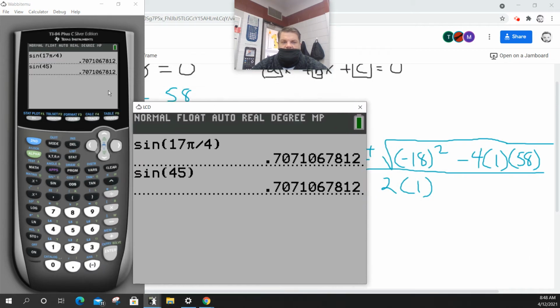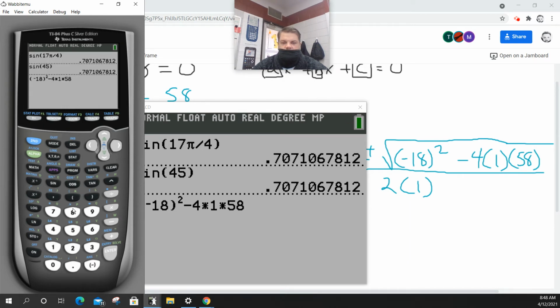I'm going to say, in parentheses, negative 18 squared minus 4 times 1 times 58. Now, order of operations will automatically do this work for you. The only thing that you have to remember is that if something's negative, you have to put it in parentheses. But all these terms are positive. So I hit enter, I get 92.